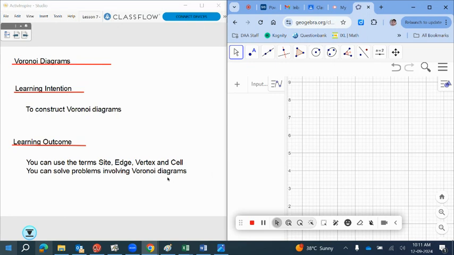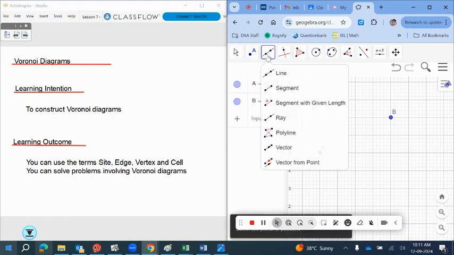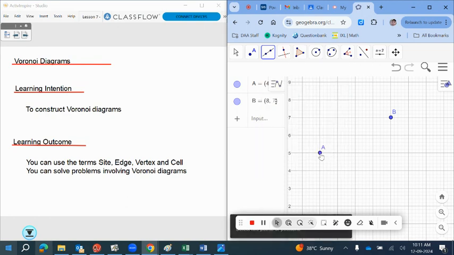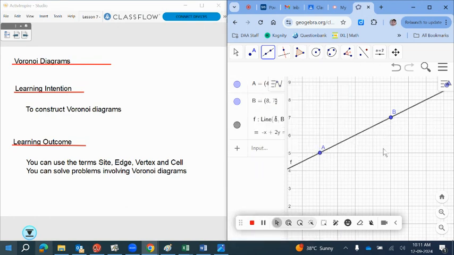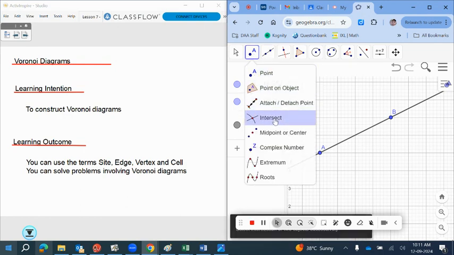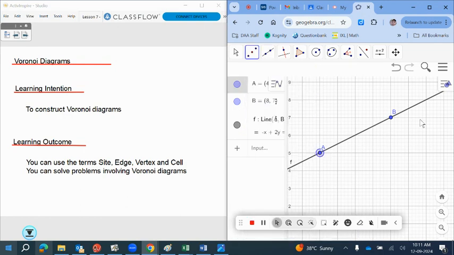So firstly, this builds on the concept of perpendicular bisectors. So let's just remind ourselves of a perpendicular bisector. If we take any 2 points, any 2 sites like these ones, we can construct the perpendicular bisector by first finding the gradient of the line that passes through points A and B. Once we found this line and its gradient, we can find the midpoint of the line, and it's going to be here at this point.